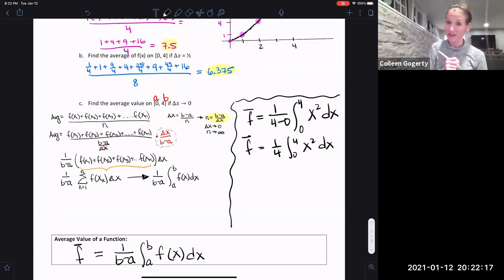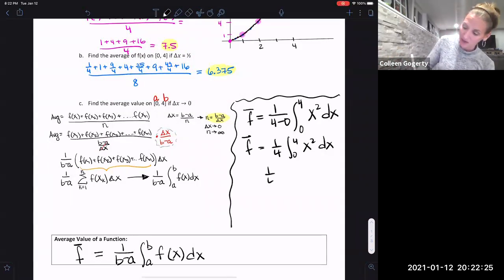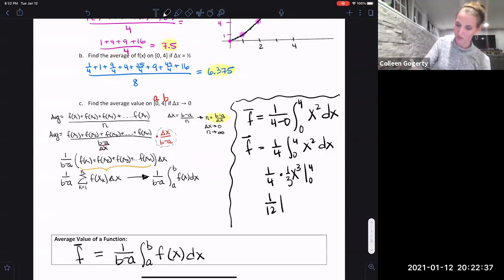I can use the fundamental theorem of calculus to help us evaluate this so that I don't have to do a Riemann sum. Basically, we've got 1/4 times 1/3 x cubed from 0 to 4. So I've got 1/12 x cubed from 0 to 4.